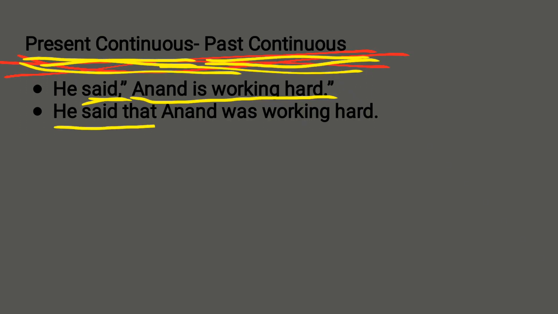He said that. Here we have added the conjunction that. Anand is the subject. Since we have to convert this sentence into past continuous tense, it becomes: Anand was working hard.